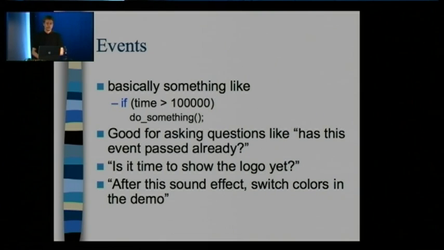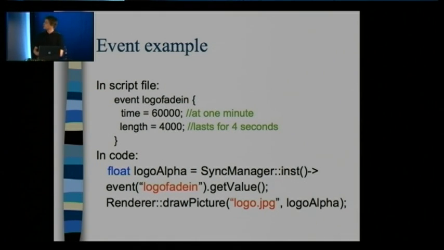This is how it looks in code. I have a script file where I declare an event called logo fade in. We decided that the logo will fade in at 1 minute, and it will fade from 0 to 1 in 4 seconds. In code, again we have this sync manager, which contains all my synchronization stuff.